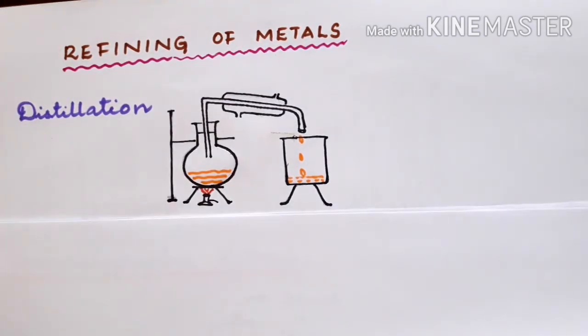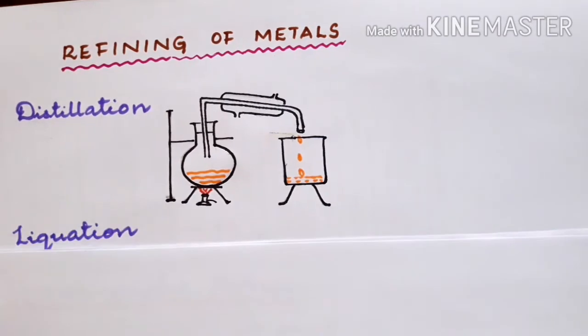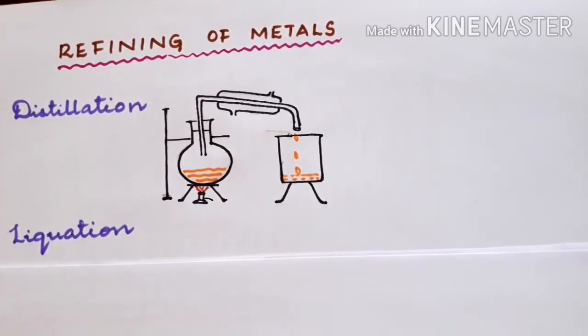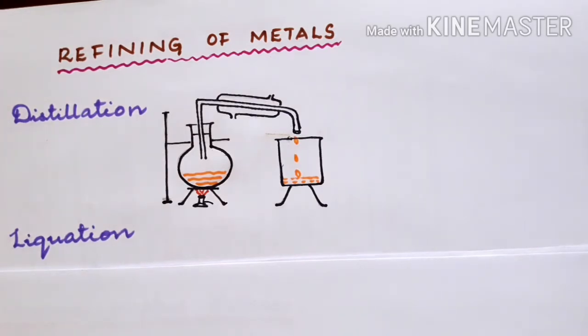The second type of refining process is known as liquation. The process is based on the difference in fusibility of metals and impurities. When the impurities are less fusible than the metal itself, the process of liquation is done.